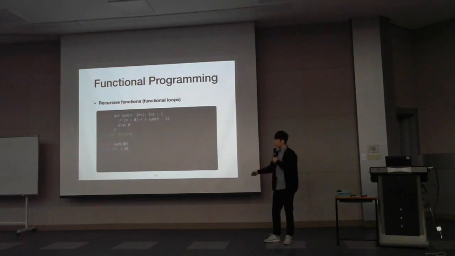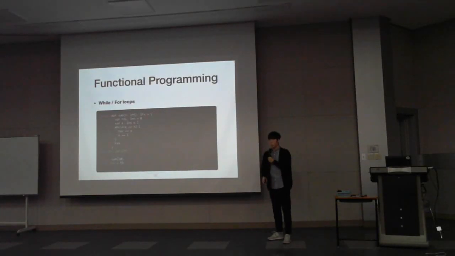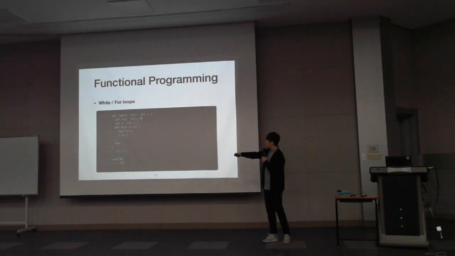But in Scala, we also support while and for loops, imperative style loops. So we can also define the summation function using a while loop. But I think it is much bigger, not concise.